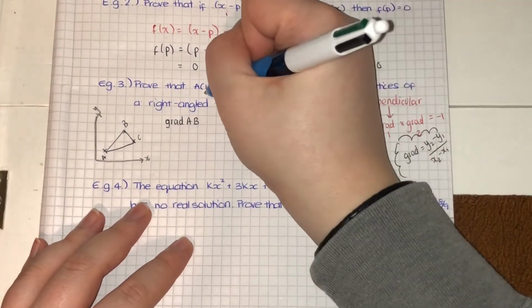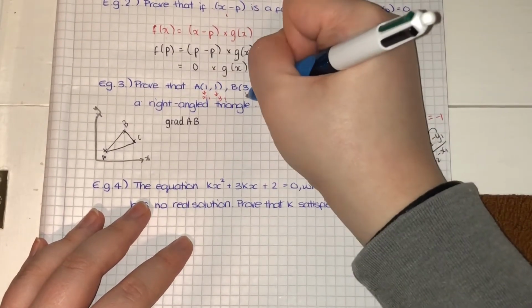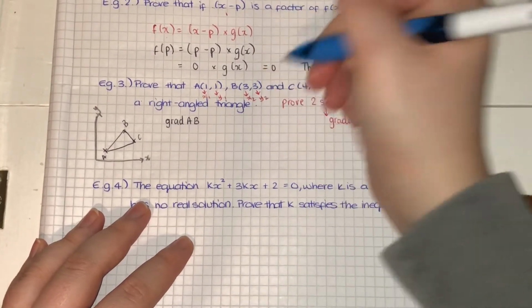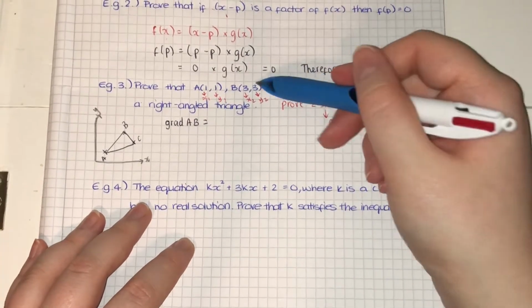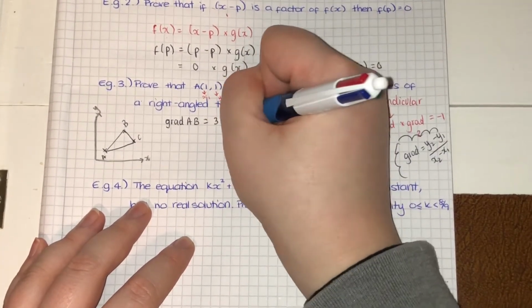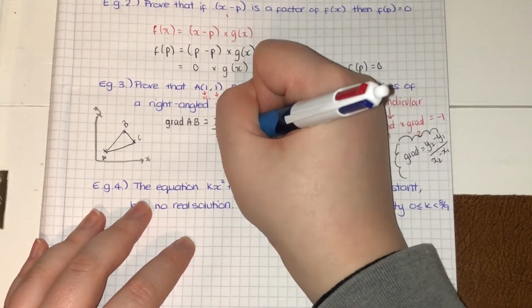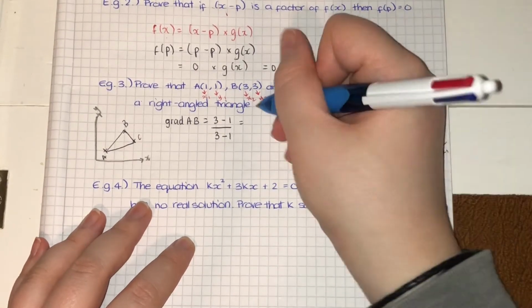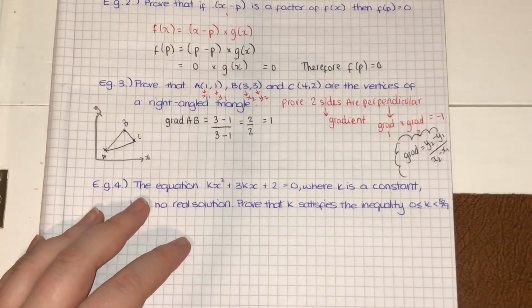So I'm going to make the A's the 1s just because it's the first one, and make B the 2s. Okay, so for the gradient of AB, y2 is 3, y1 is 1, divided by x2, which is 3, and x1, which is 1. So that's 2 divided by 2, which gives me a gradient of 1.